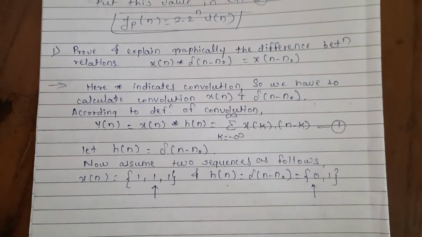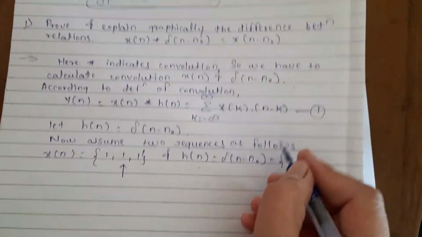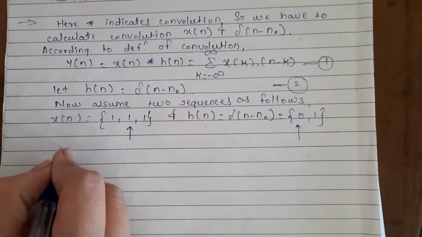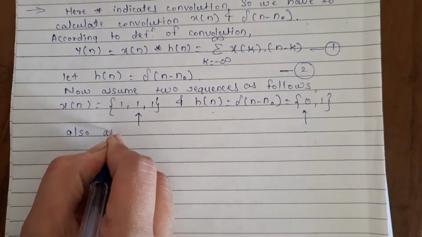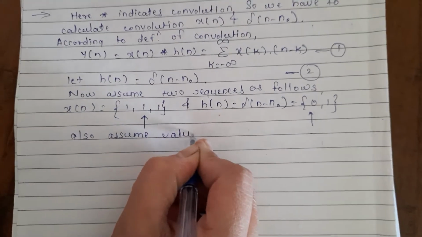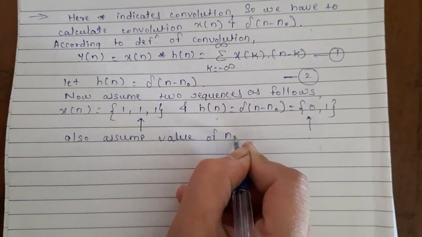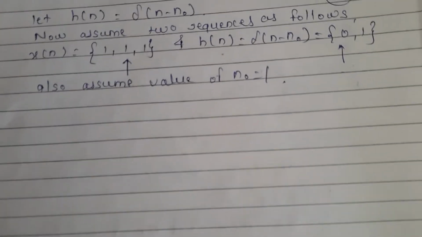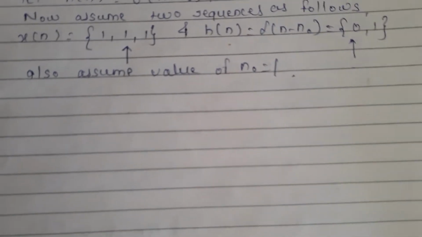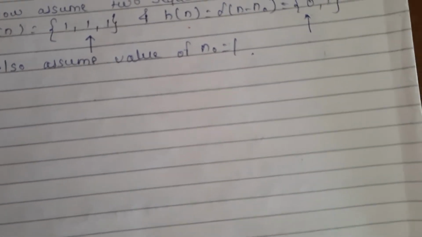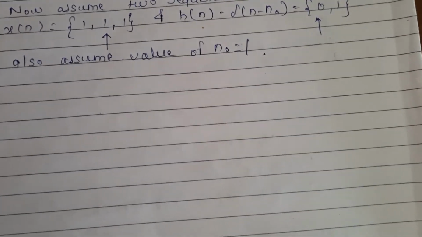So these are the two sequences. This is equation number 2. Also assume the value of n0 is 1. We cannot assume any arbitrary sequence for h of n, since h of n is equal to delta of n minus n0, and it should be in terms of a delayed unit impulse.